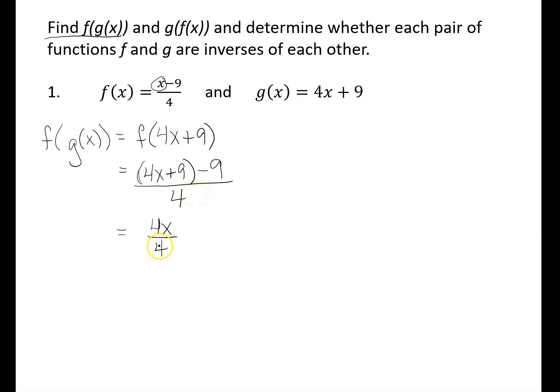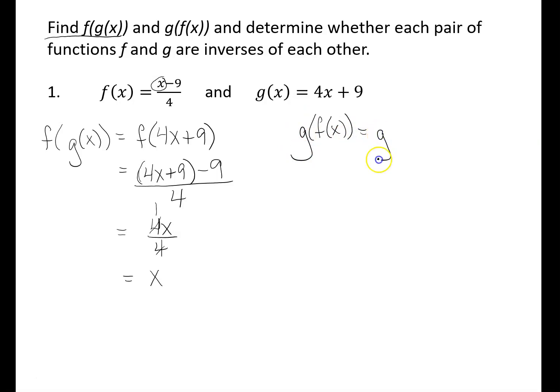And then the last step, I'm going to divide 4 by 4, which is 1. And 1x, of course, is x. Now, just because we got x here doesn't necessarily mean that they are inverses yet. We still have to find g of f of x.